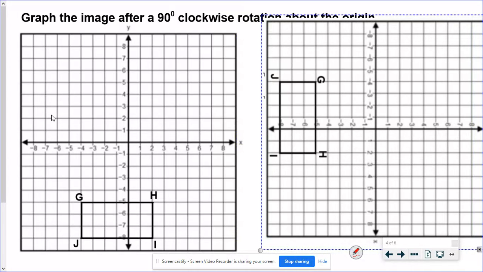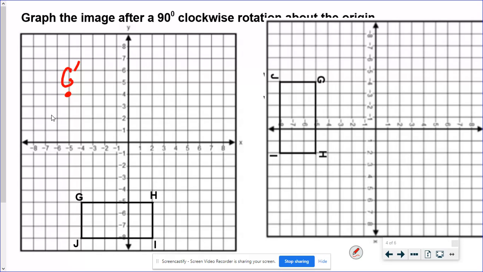Okay, now I'm going to move that over and just graph these new points. So our new G is going to be at -5, 4. I like it when they've got the grids all labeled for me. So that's going to be G prime. J, now either you could look at this and say, well, J is 3 units to the left of G, that would be fine.